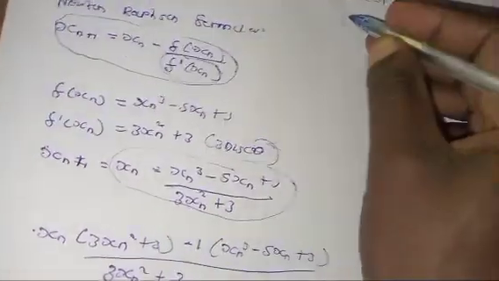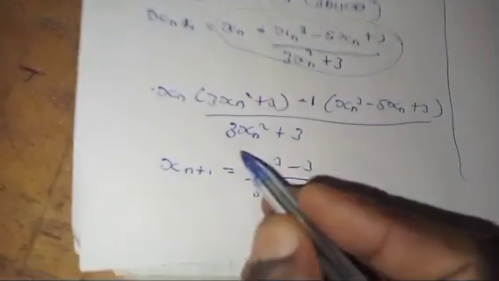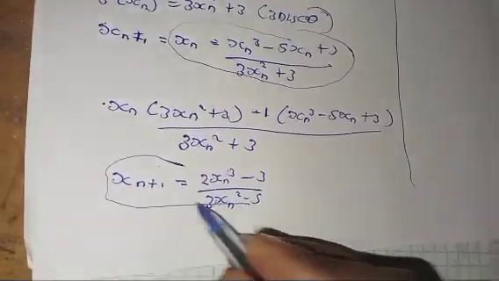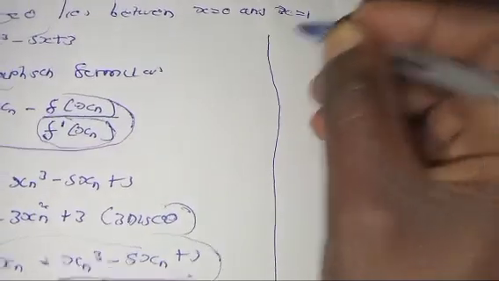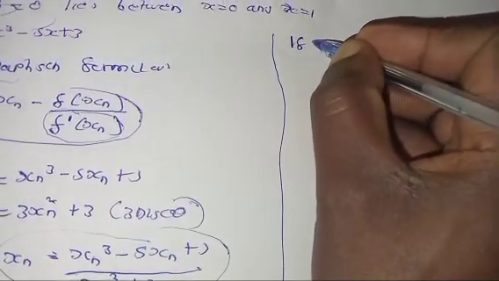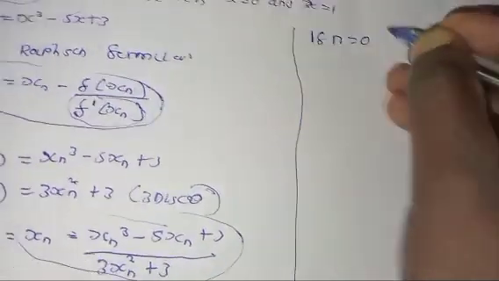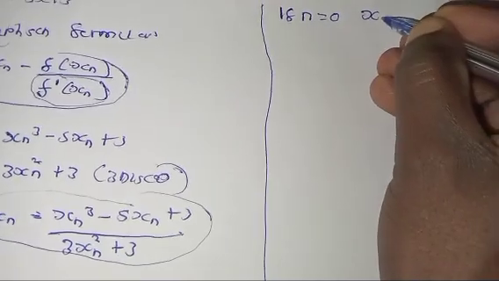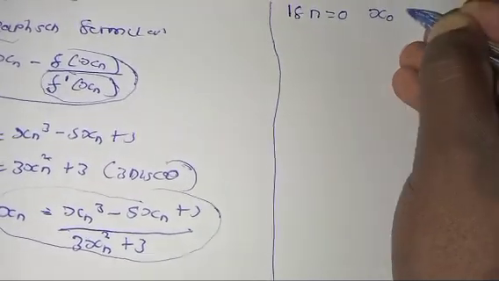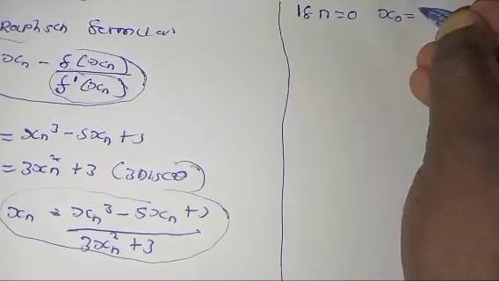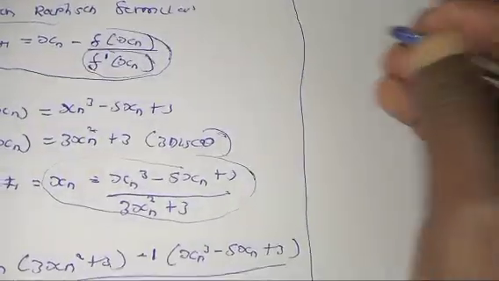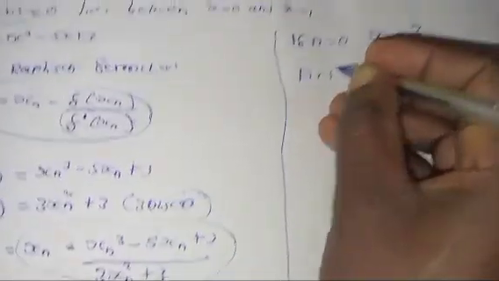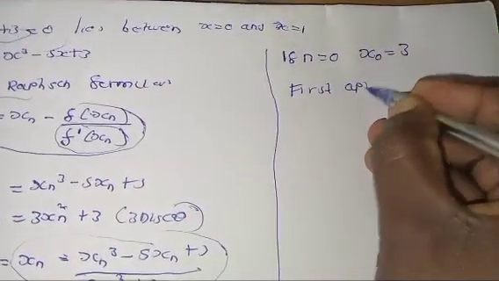Okay, we move. If we have found this one, we come here and say if n is equals to 0, x naught will be equals to 3. So you now come and find the first approximation.